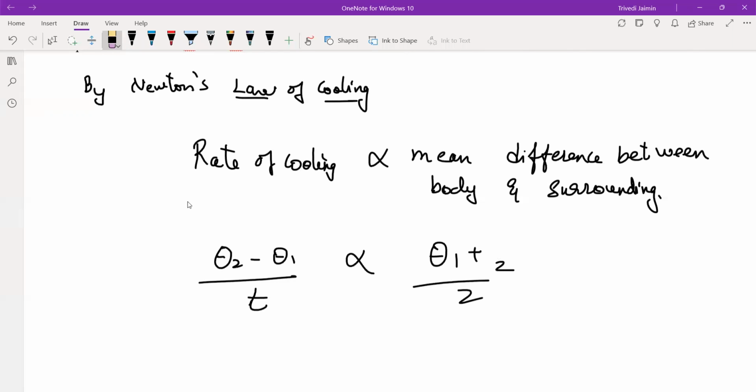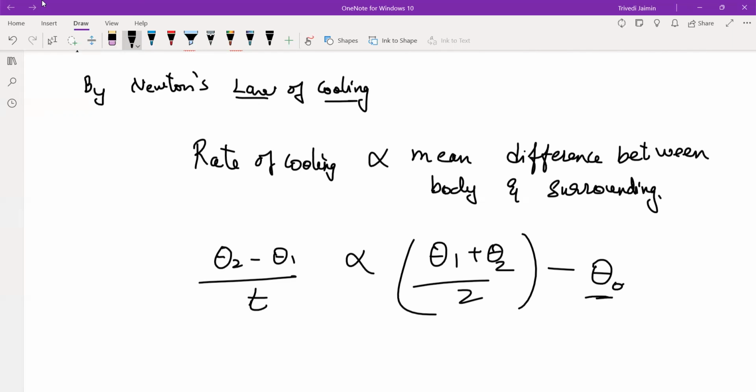This is not Q, this is theta, subtracted by theta naught. That is the mean difference of object and surrounding.